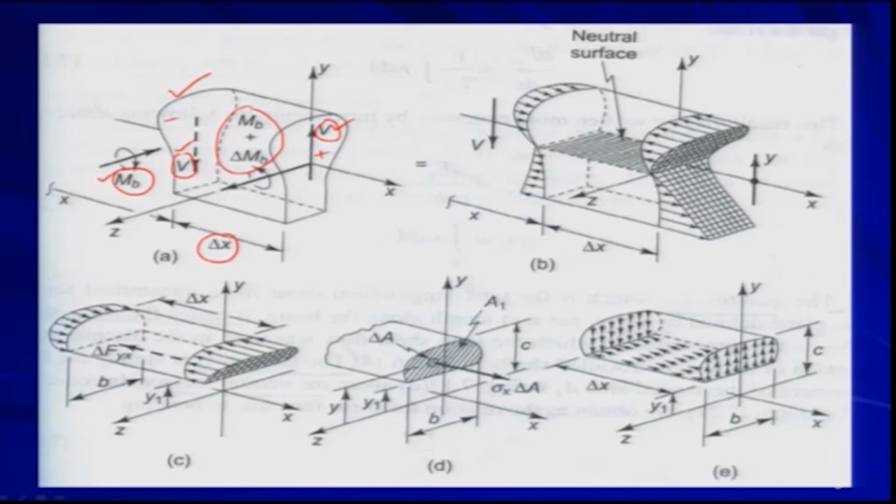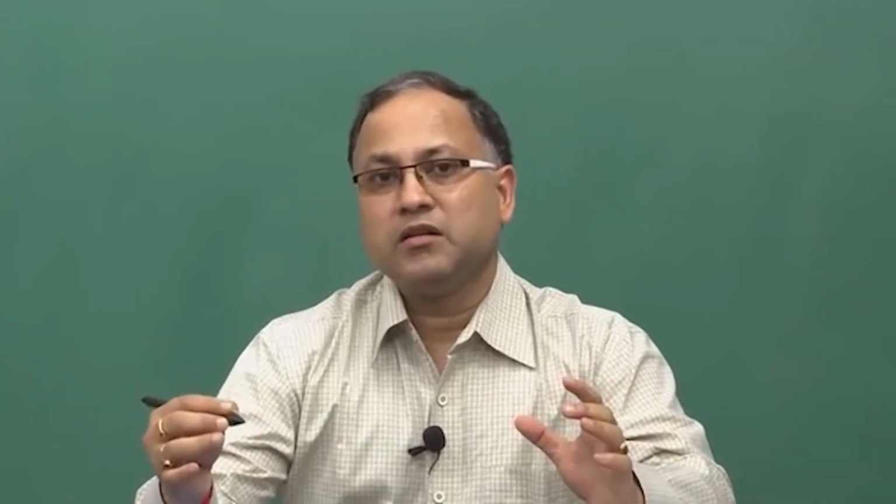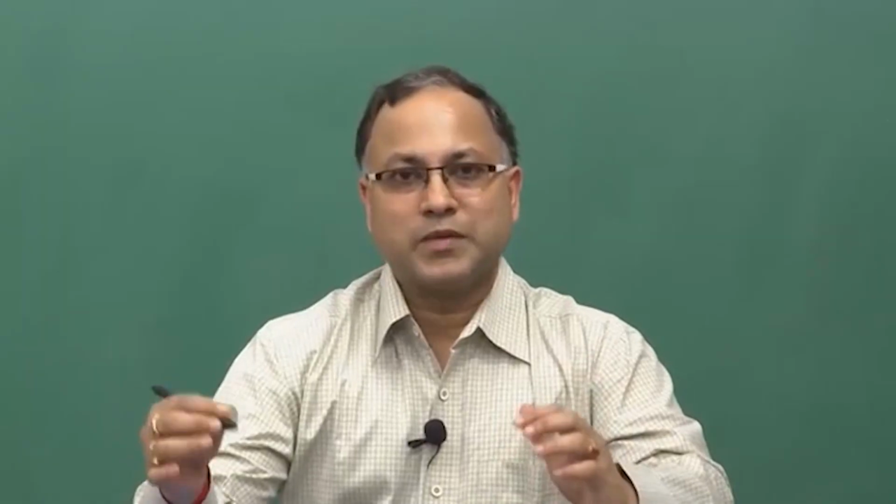Now, consider the equilibrium of the segment of beam. Based on our previous discussion, we are making the assumption that whatever we derived in the last lecture holds good even if you have shear force present in the beam.